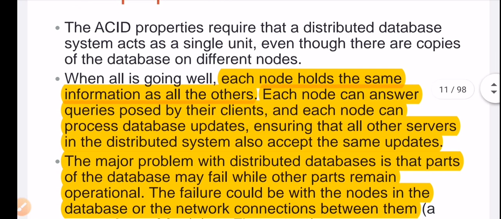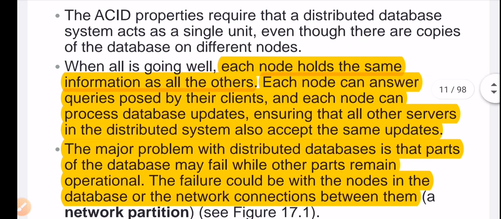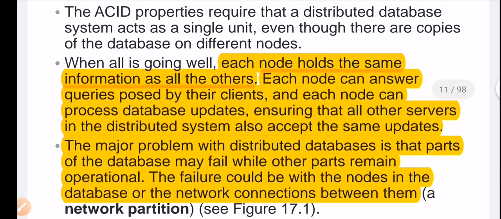ACID properties, I think you remember this, as we explained it in the first meetings of the course. ACID properties, you remember durability, consistency, isolation, and atomicity. So each node holds the same information as all the others.